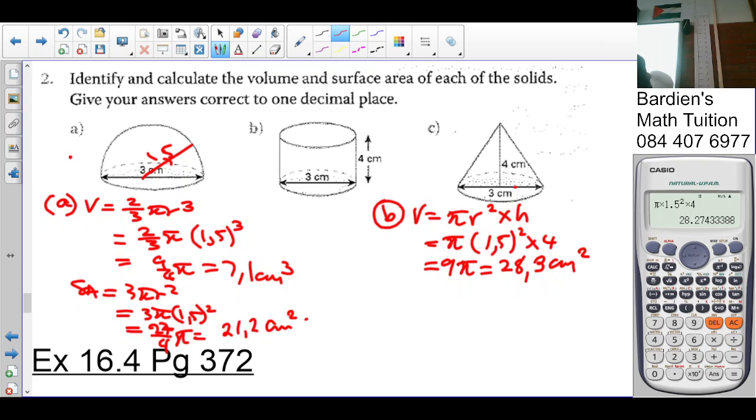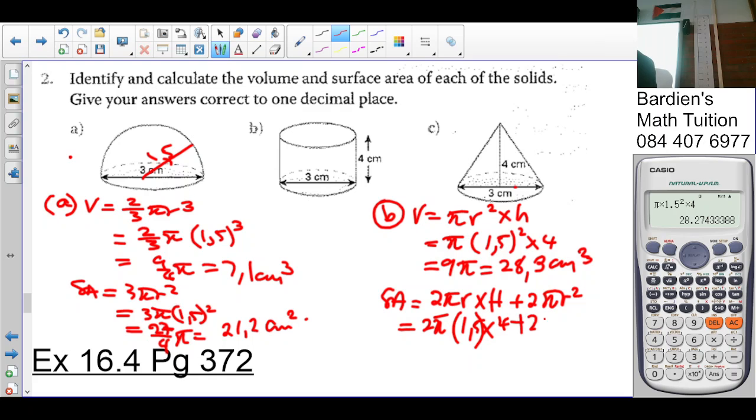centimeters cubed. The surface area of a cylinder: 2 pi r, the perimeter of base, times height, plus 2 pi r squared, plus area of base. So it's 2 pi, radius is 1.5 times your height, which is 4, plus 2 pi, my radius is 1.5, it must be squared.